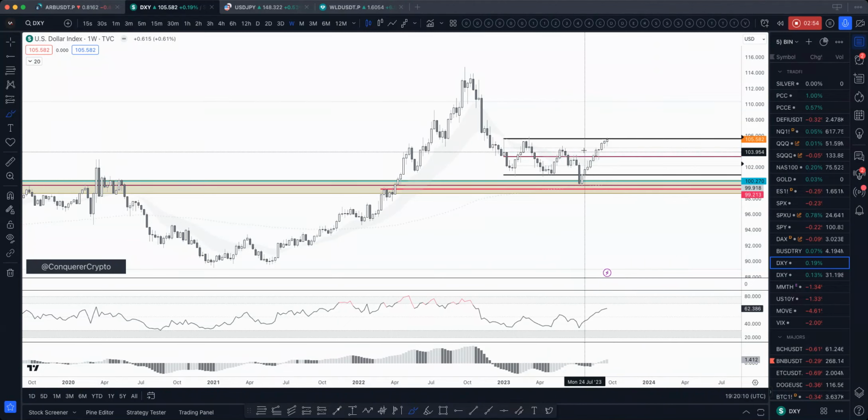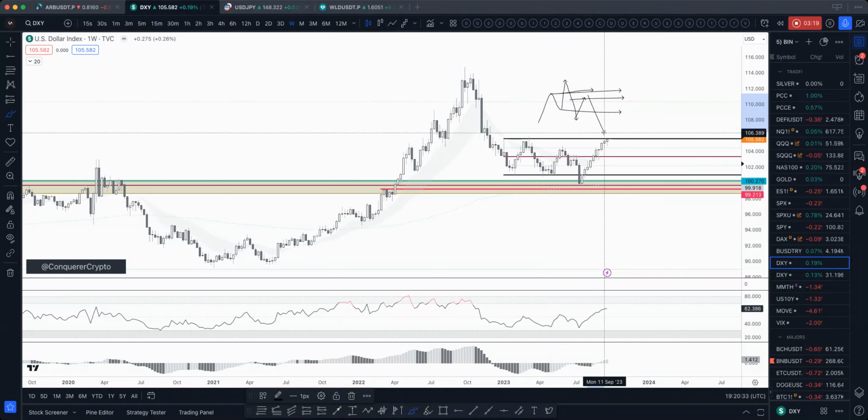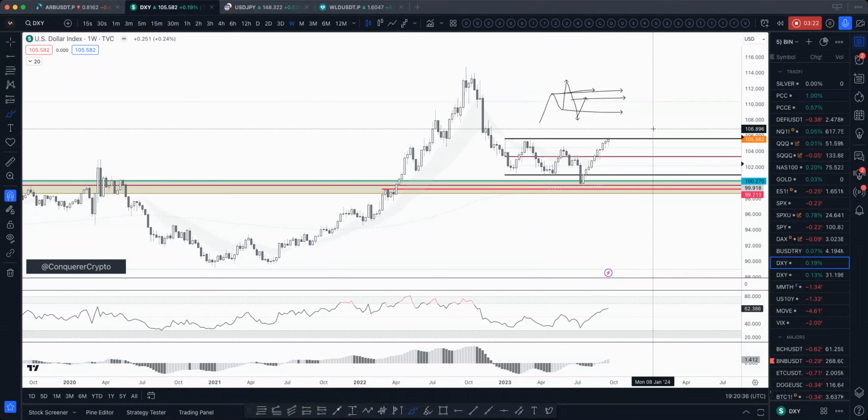Because what could happen is we just break this and do something like that, right? That's why for the structure shift to be confirmed, you need to break first, followed by the break of this, and then the structure is confirmed. Now you can short the fuck out of it.